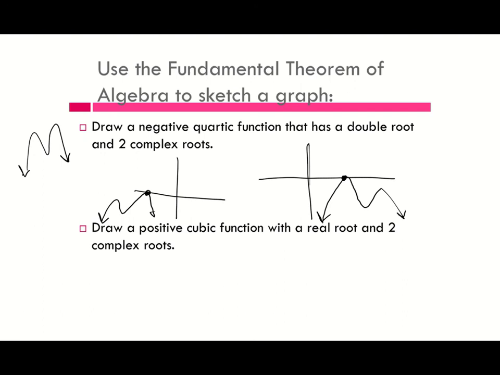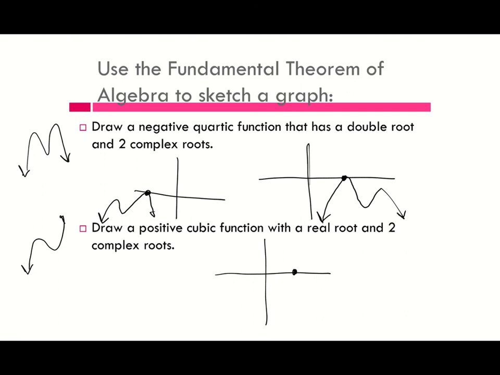All right, so it says draw a positive cubic function with a real root and 2 complex. So I know positive cubic, I'm going to start down and up, so it's going to look something like this. So if I have my axes, a real root can be anywhere. It can be on the negatives, the positives. I have a real root here. And then 2 complex roots.